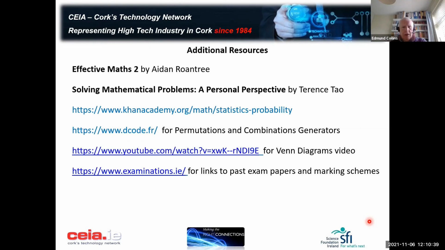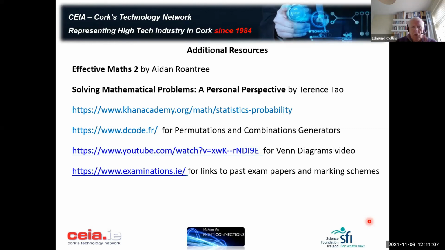I like this website here, decode.fr. It's a French website, but it'll generate the permutations, combinations for you. It just helps with your understanding of permutations, combinations. You can put in different data and it will generate out the permutations. Good to see it on the screen.